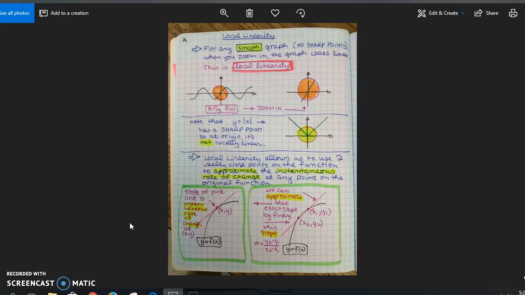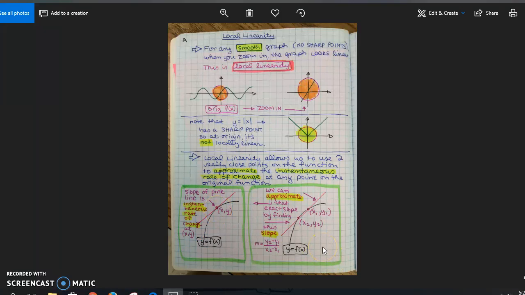You need to stop the video and think about or repeat what I just said. That's important. If I can get a line here that touches my original function just in one point, the slope of this line is exactly the instantaneous rate of change.